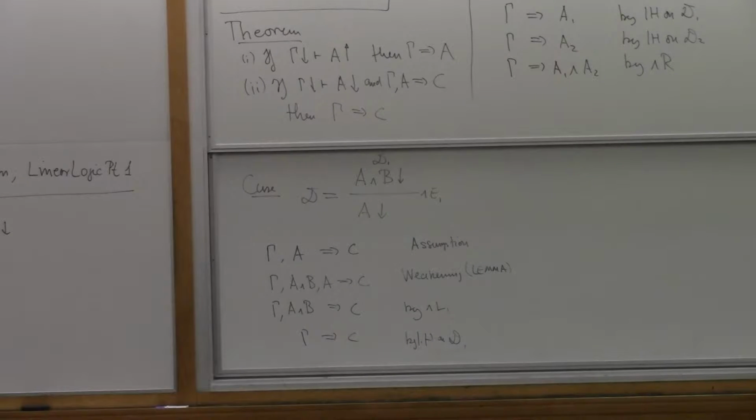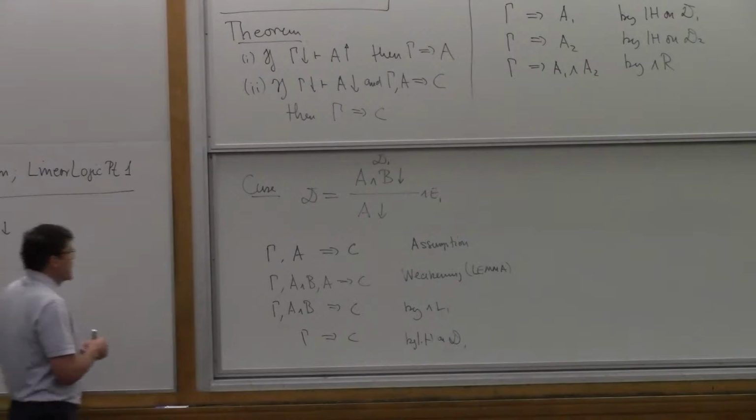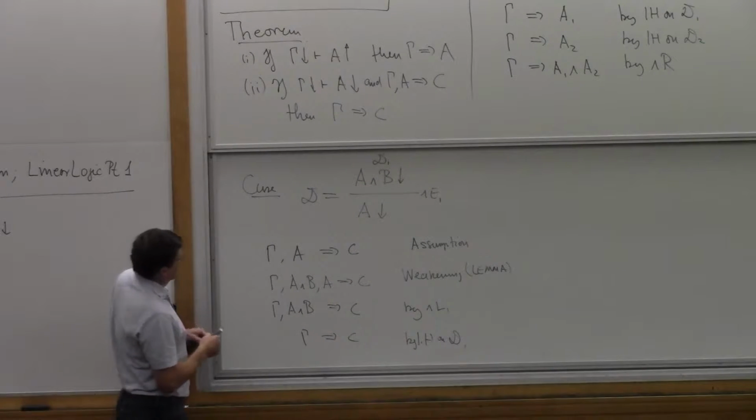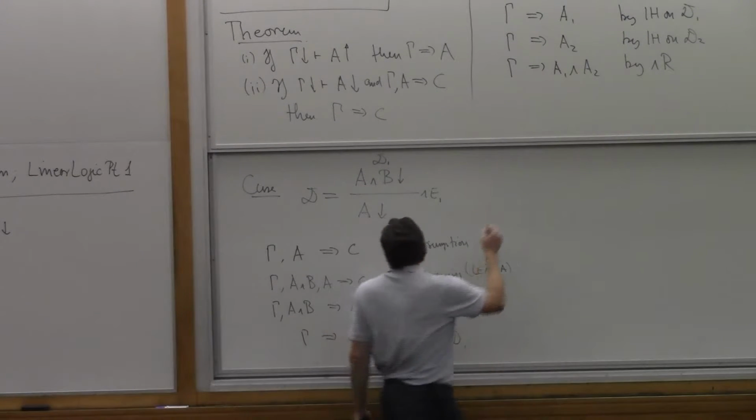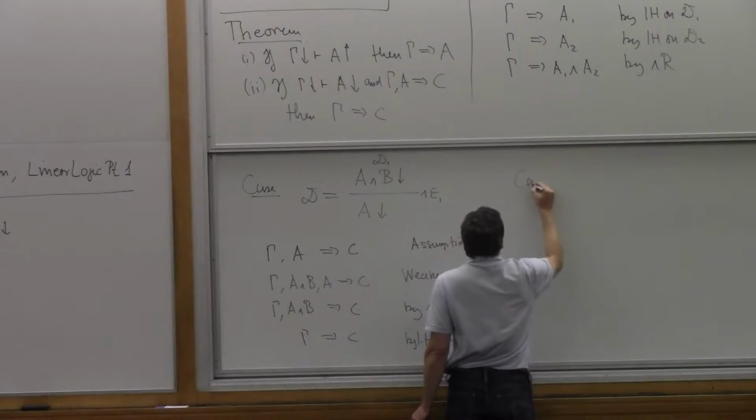You need some base case for induction. All these cases are shown for induction hypothesis when we have some previous deduction. Right. So there is this case that it's justified by something. So, okay, let's try that.